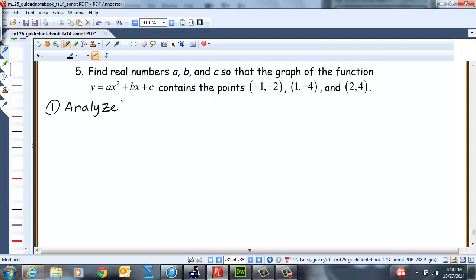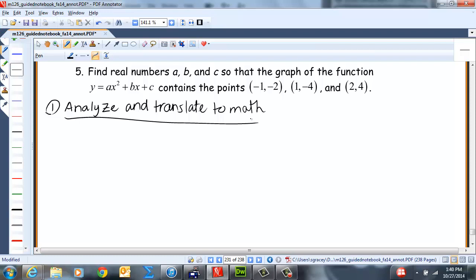Analyze and translate to math. Because what we're going to need to do is plug each ordered pair into that general equation, and we'll end up having unknowns of a, b, and c instead of what we're used to having unknowns as the y and the x.